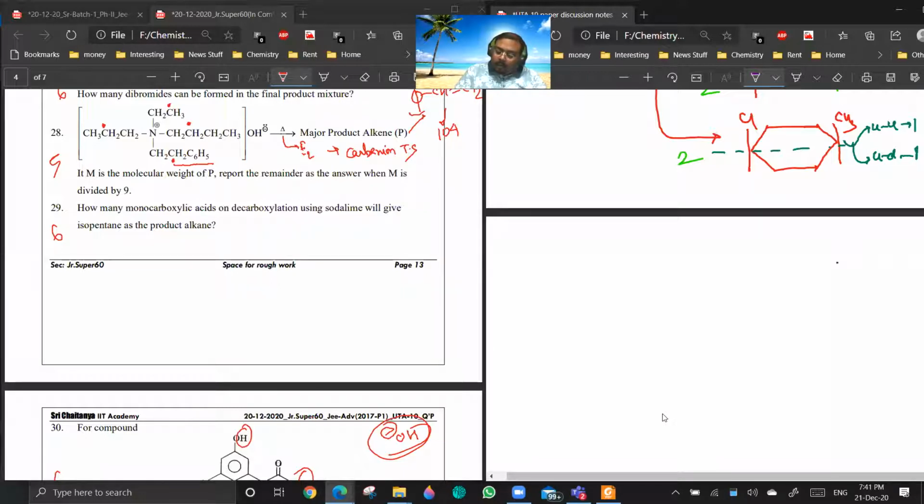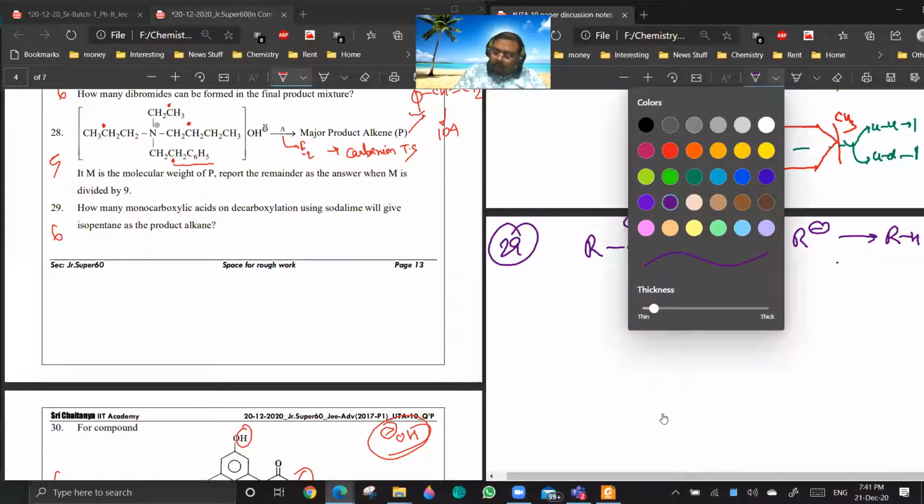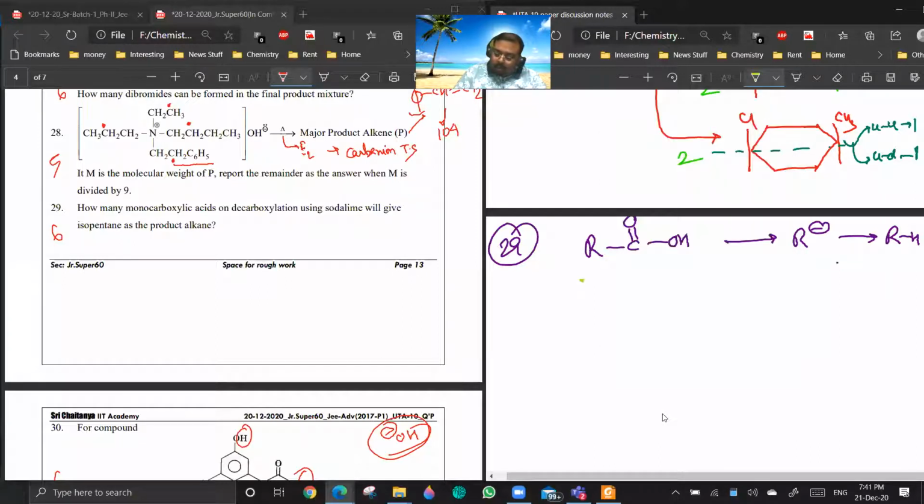Now you see, basically what happens in soda-lime decarboxylation is that RCOOH gives R minus, gives RH. So basically what is happening is that one of the COOH is getting converted into hydrogen. Yes or no?